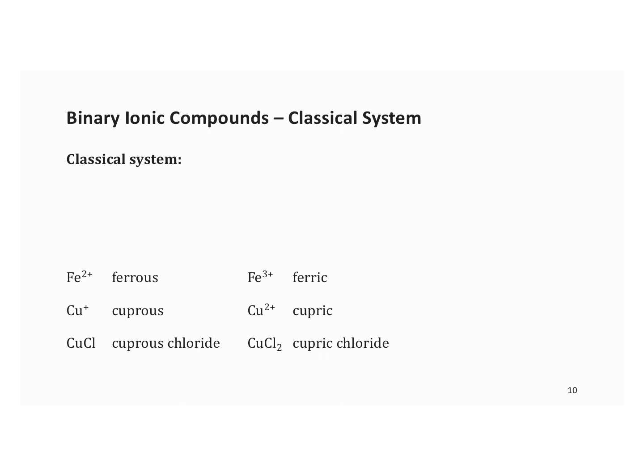Okay, so for example, the Latin name of iron is ferrum, right? And then we have suffixes. If it's OUS, it's the lower charge.